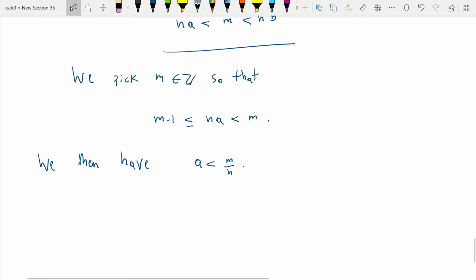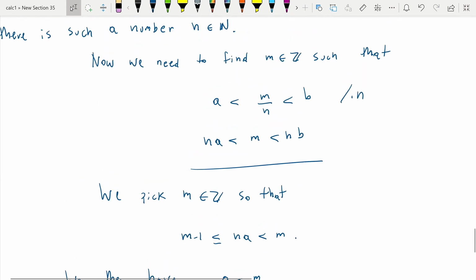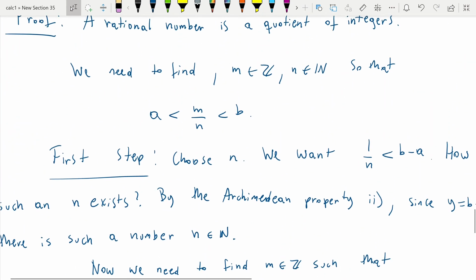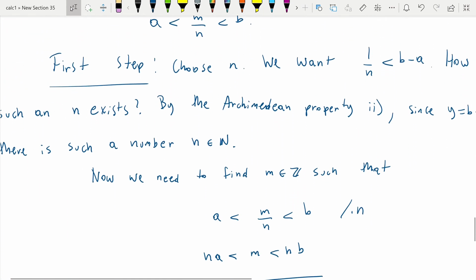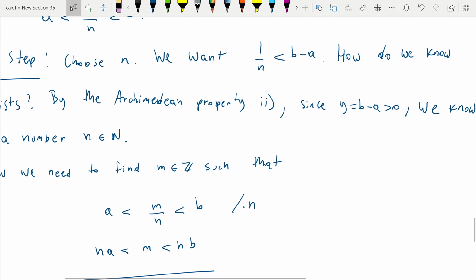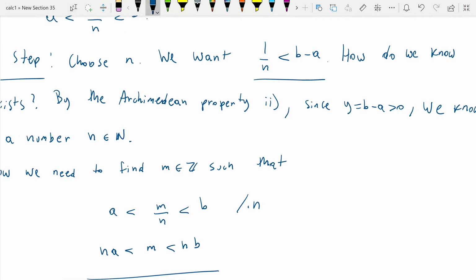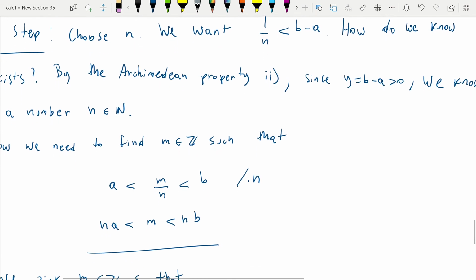Now recall that we have this inequality here. We chose n already, so that this would hold. And this implies that, if you move 1 over n to this side and a to the other side, a is actually smaller than b minus 1 over n.